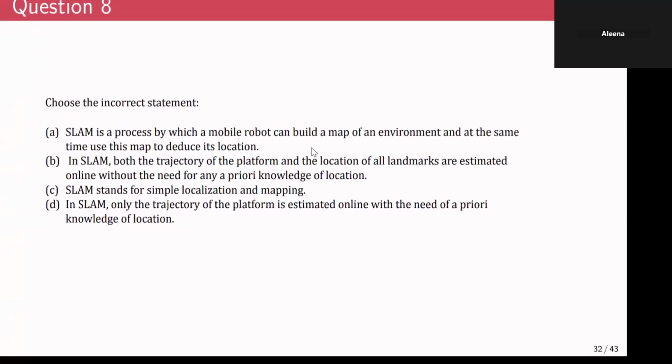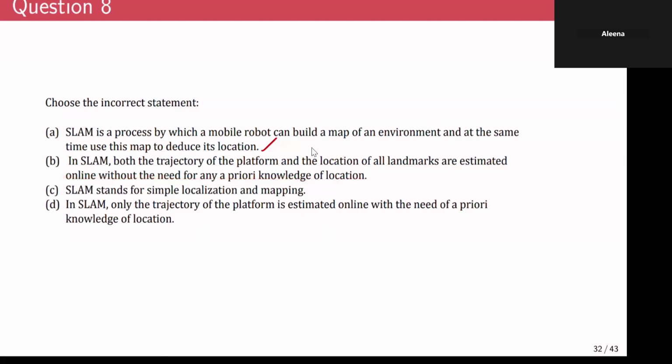Moving on to question 8, choose the incorrect statement. The first statement is SLAM is a process by which a mobile robot can build a map of an environment and at the same time use the map to deduce its location. By definition of SLAM, that statement is indeed true. The second statement is in SLAM, both the trajectory of the platform and the location of all the landmarks are estimated online without the need of prior knowledge of the location.